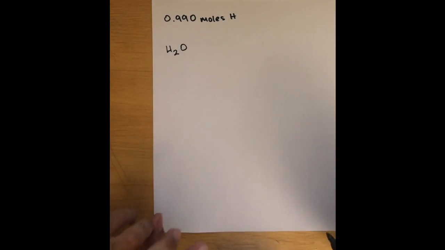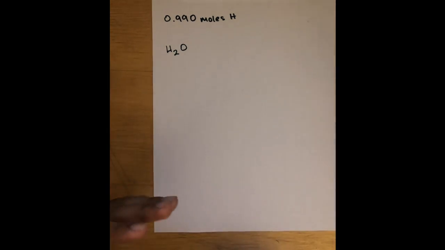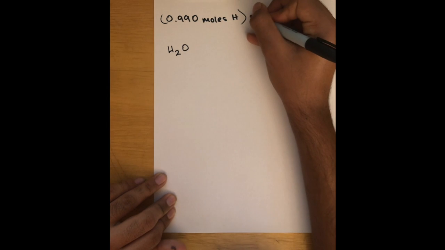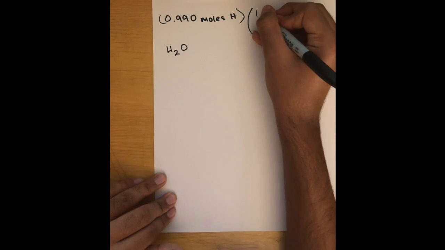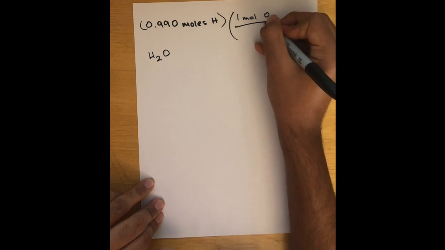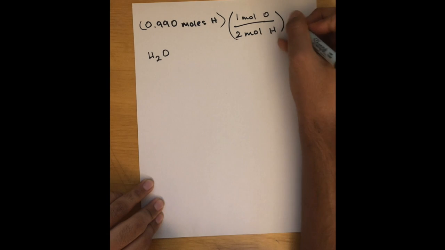That means that there's twice the quantity of hydrogen compared to oxygen in that molecule. So there's a ratio of 2 to 1 with hydrogen to oxygen. And we can display that in our mole ratio. We can go 1 mole of oxygen will be present for every 2 moles of hydrogen.